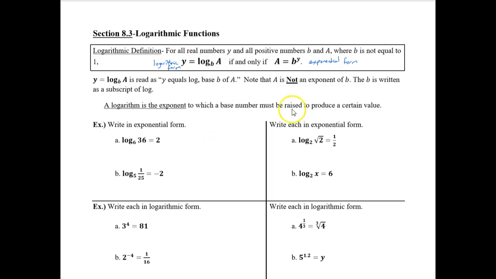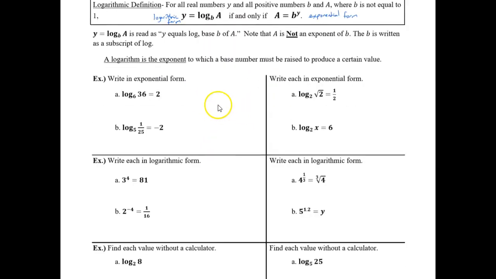Our first task to get familiar with logs is to take a logarithmic statement and write it exponentially. I always start with the base. Looking at log base 6 of 36 equals 2, I start with the base, 6. When I write this exponentially, 6 is the base. Then I look for the y value.